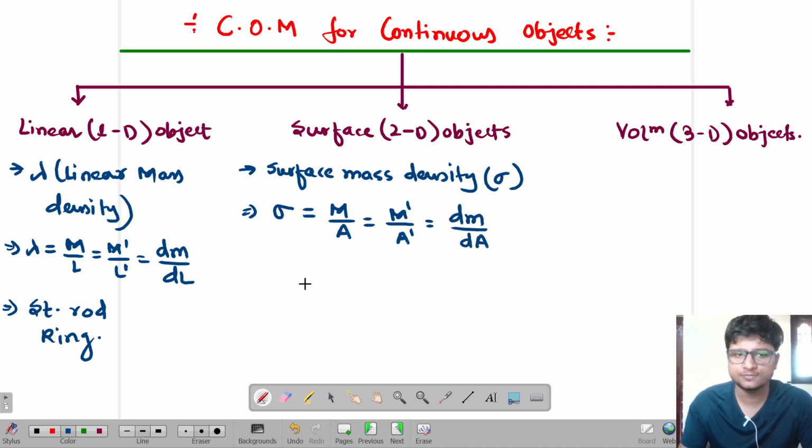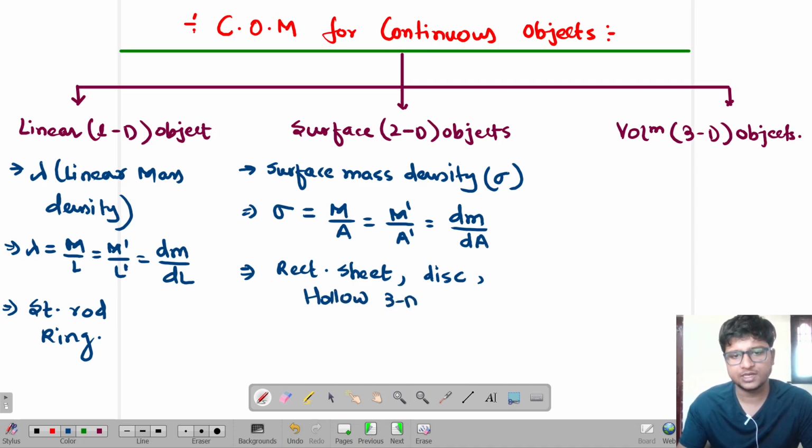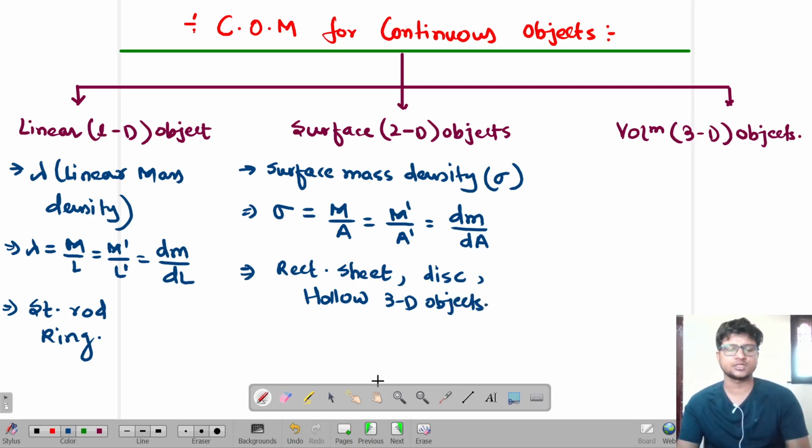Are you able to get me or not? This is applied for a rectangular sheet or square sheet, disc, hollow, and hollow 3D objects. That day I told you that hollow 3D objects are actually two-dimensional geometrical objects.